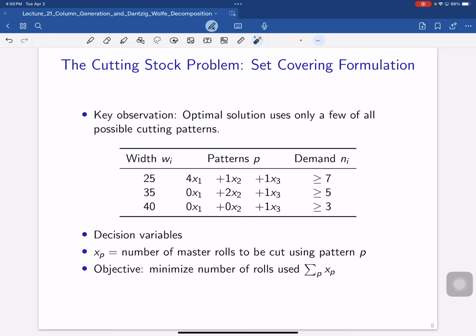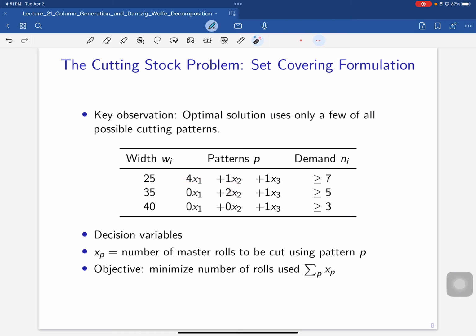And then the coefficients of each of these variables represent the number of rolls you get for each width. And then you want to cover the demand by saying that the first row represents the number of 25-inch width I'm going to produce by using these 3 patterns. Then if you add them up, they have to be greater than or equal to 7.